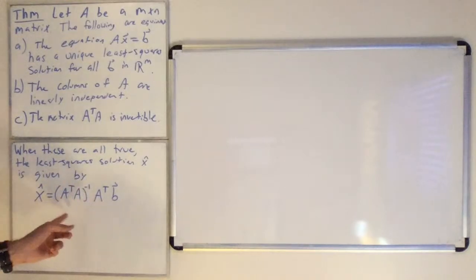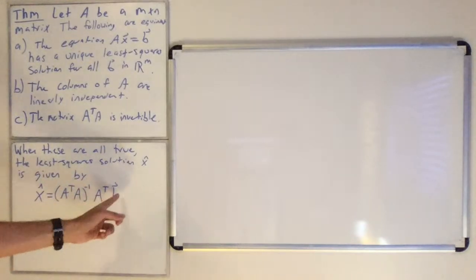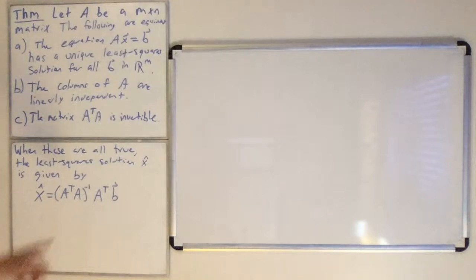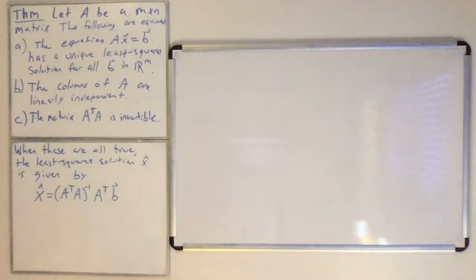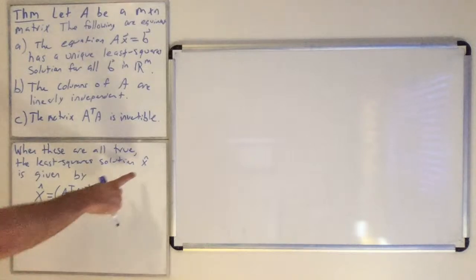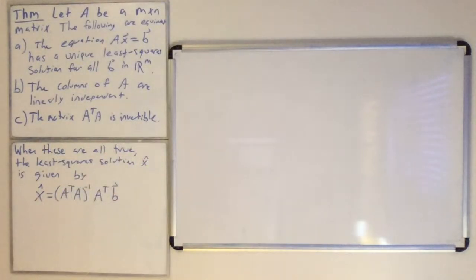So we have to find the inverse of this matrix times the vector A transpose b. This gives us a way of finding x hat without having to do row reduction or anything. All right, so let's take a look at an example.